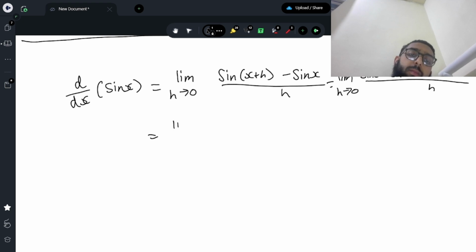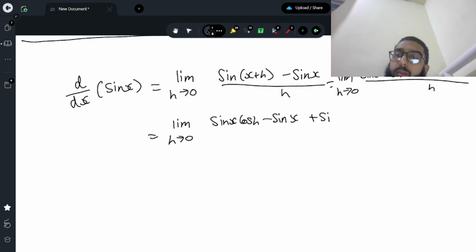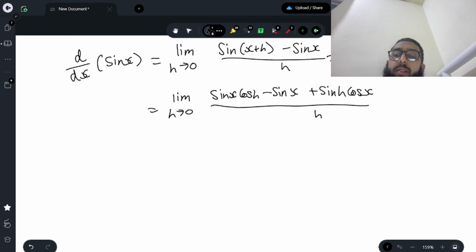And this is equal to the limit as h approaches 0 of sine x cos h minus sine x plus sine h cos x all over h. Just move the sine x's together.